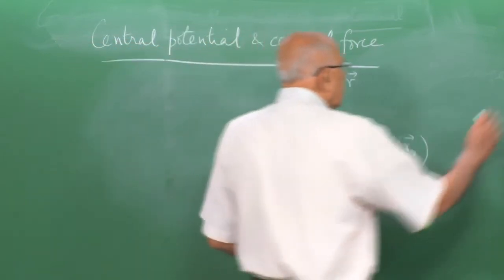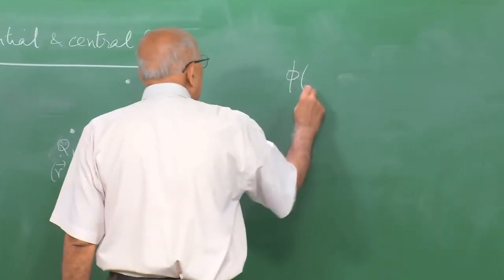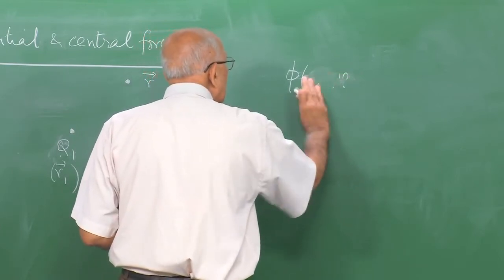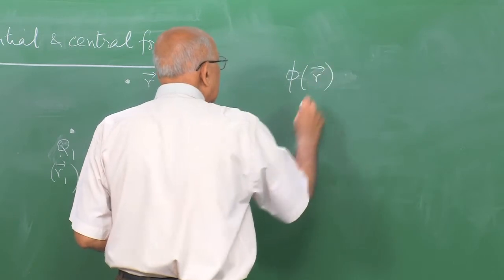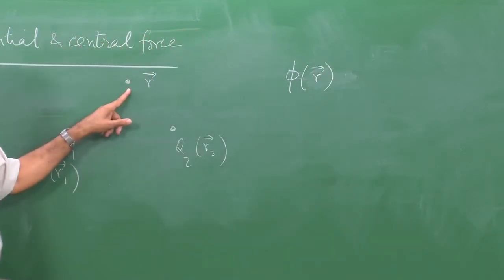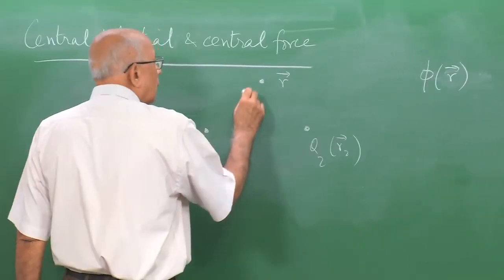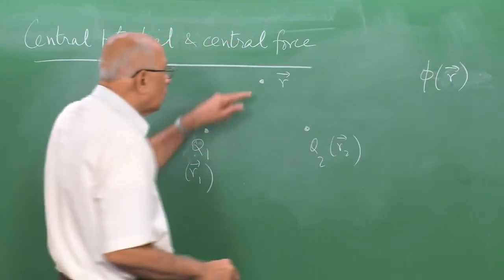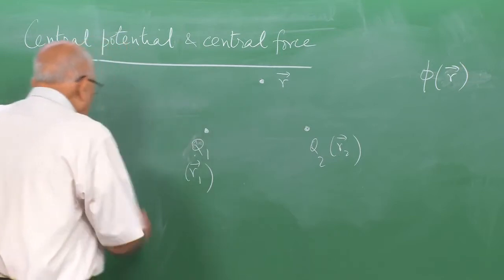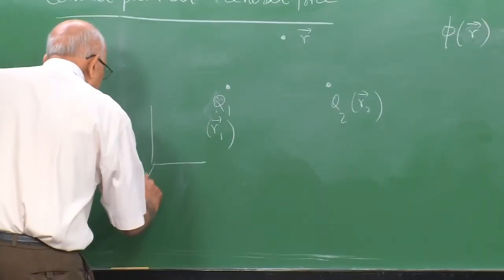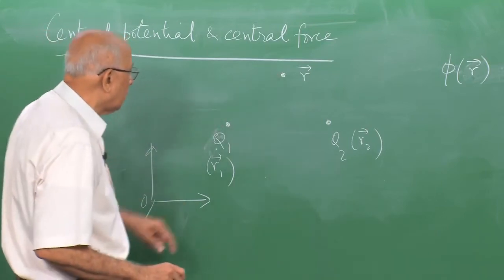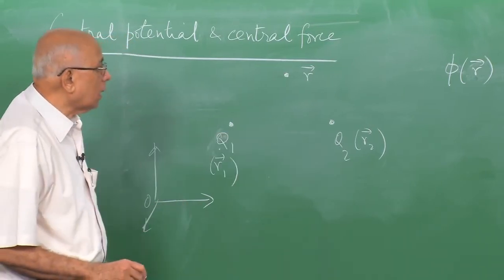Well, the electrostatic potential phi now is a function of r, theta as well as phi. So let me call it phi of r at this point. And just to show that it's at this point, I put in a capital little r here with a vector symbol to show that it changes from point to point, and I don't care where the origin is. Here's the axis, and that's at a distance little r from it, and these are at r1 and r2.